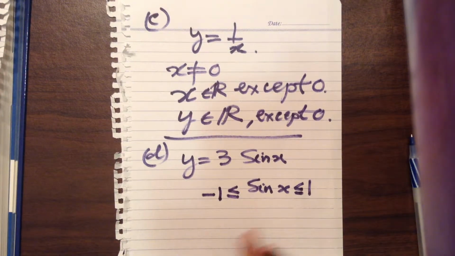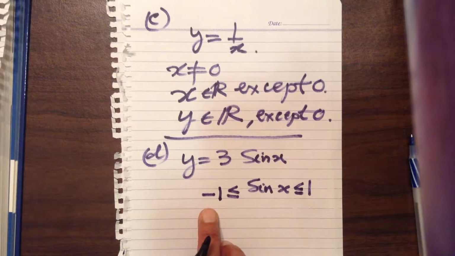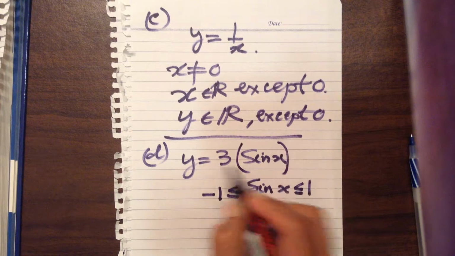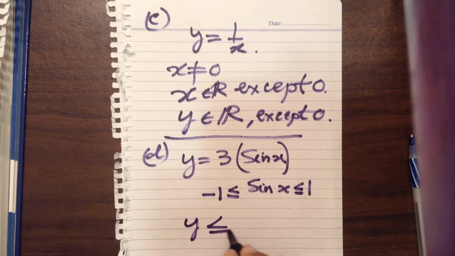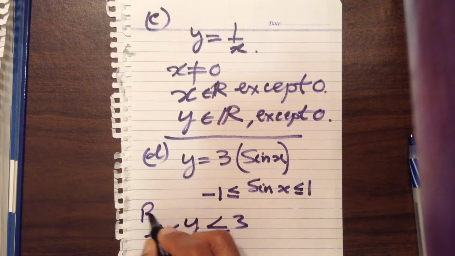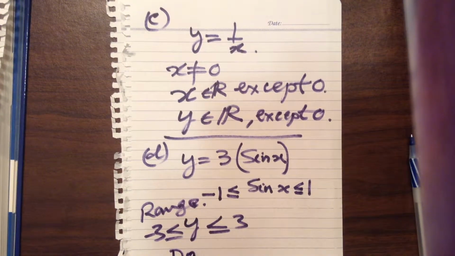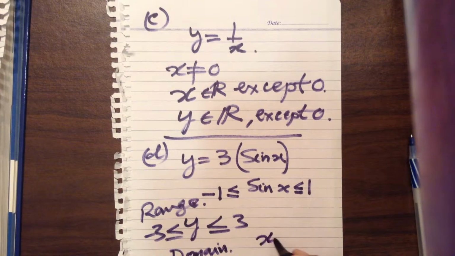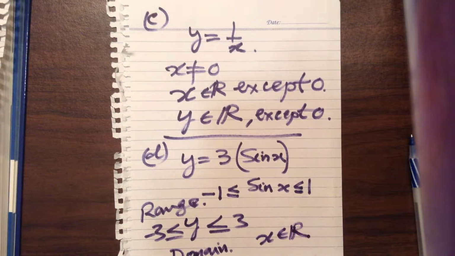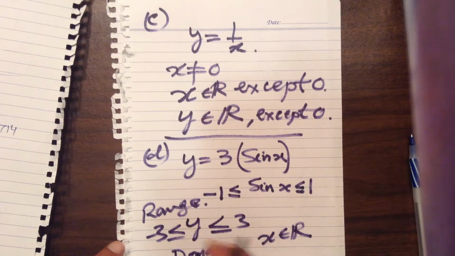The maximum value of sin x is 1 and the minimum value is -1, but this is multiplied by 3, so y would be less than or equal to 3 and greater than or equal to -3. This is the range. When we come to the domain, of course x can be assigned any value, so x belongs to the real number set. This is D.